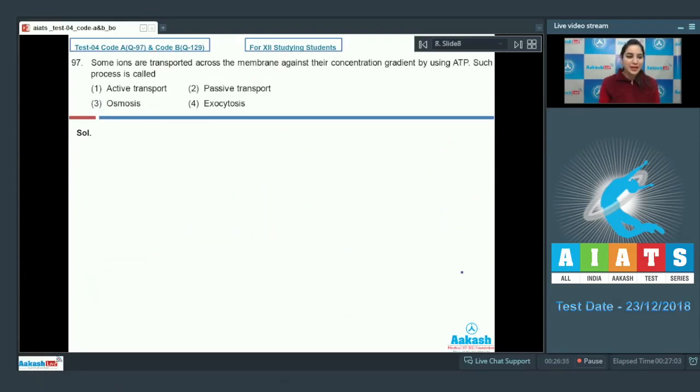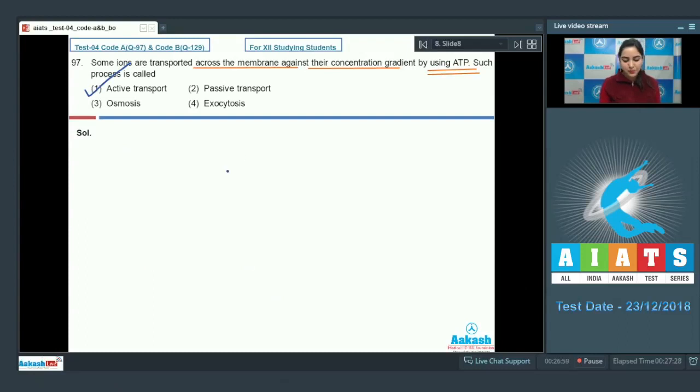Now let's move further to the next question, which is question number 97. Some ions are transported across the membrane against the concentration gradient by using ATP. Such process is called, students, a very easy question.